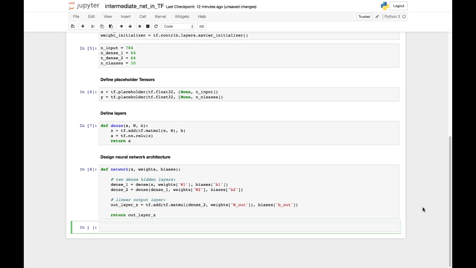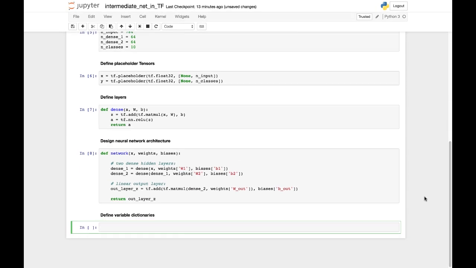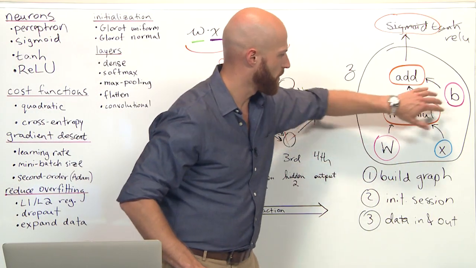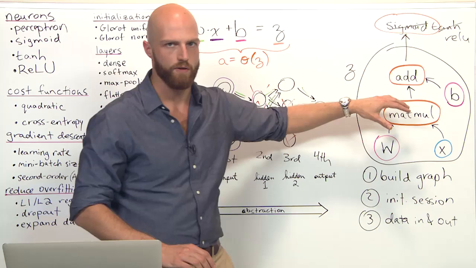So as I have now alluded to a number of times, we need to define dictionaries, so we have these variable dictionaries. These are going to be like these pink weights and bias variables.